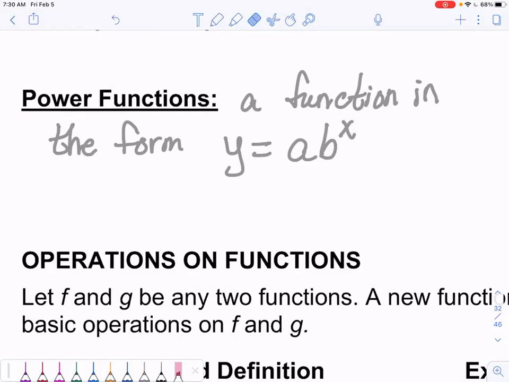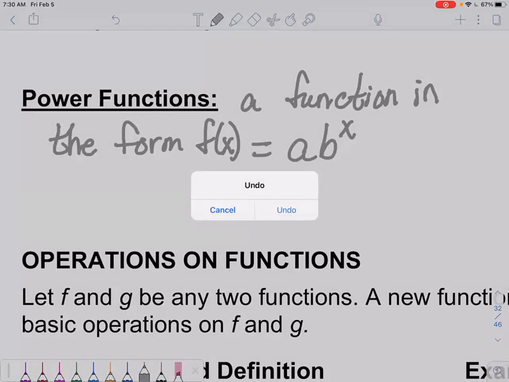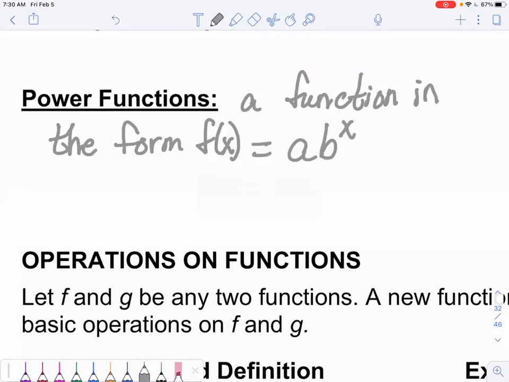And actually, since it's a function, let me write it in function notation. Once you have the f of x notation, whatever equation you have is a function. Each x has exactly one y. So there are two letters in here, the A and the B, and then we have an X as well. So A is a real number and B is a real number.